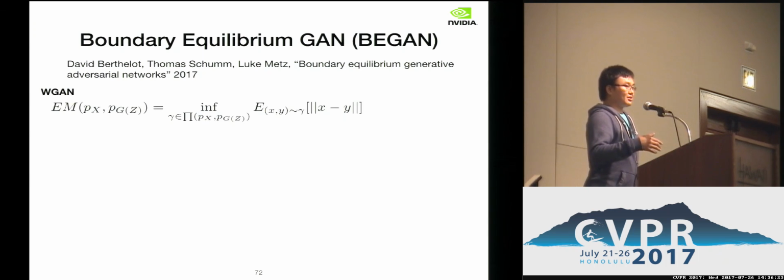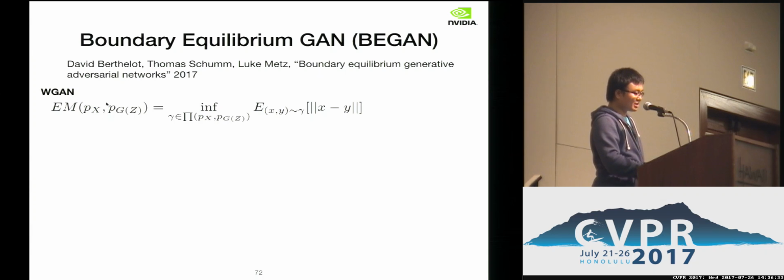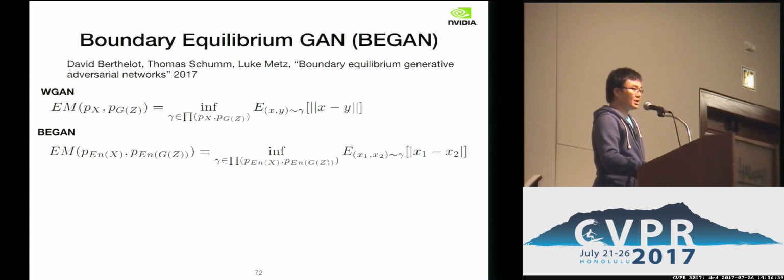And instead of minimizing the Earth mover distance directly, they minimize a lower bound of the Earth mover distance. So this is the Earth mover distance in the WGAN formulation, where P_r and P_g are the image distributions. In BE-GAN, you are working with the energy value distribution, not the image distribution.